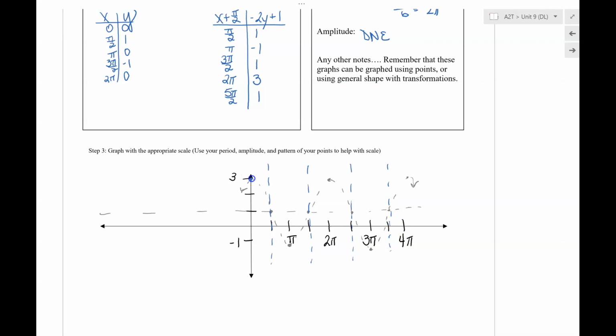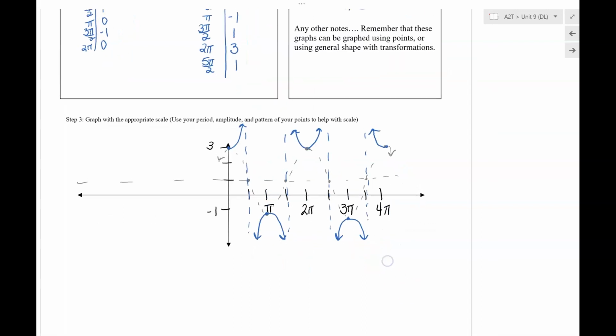And then the maximum points of my sine curve are going to be the vertices, so to speak, of the parabola, as are the mins. And then we draw close to that vertical asymptote, but we don't cross it because that's where the function's undefined.